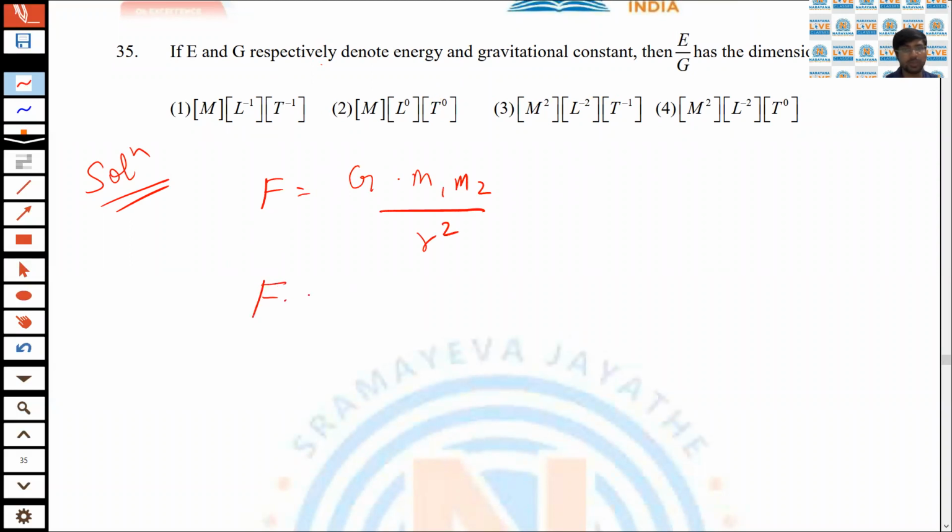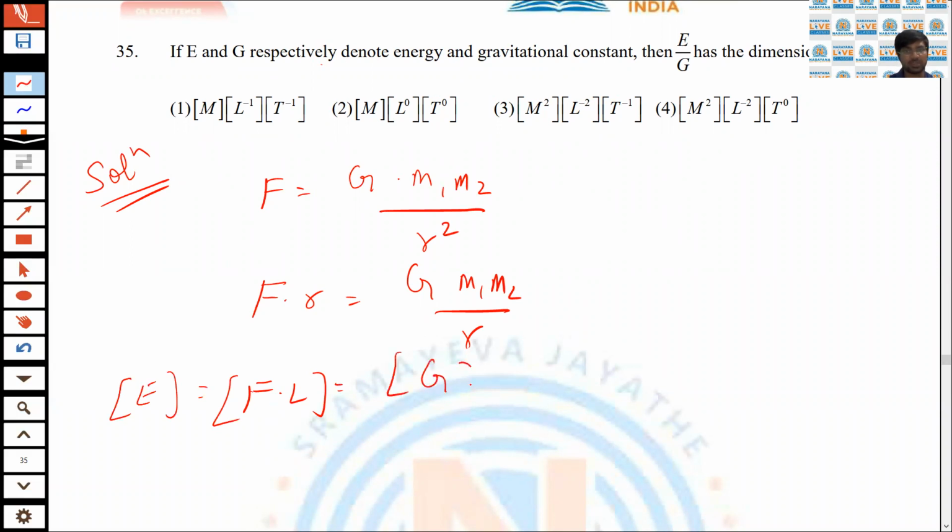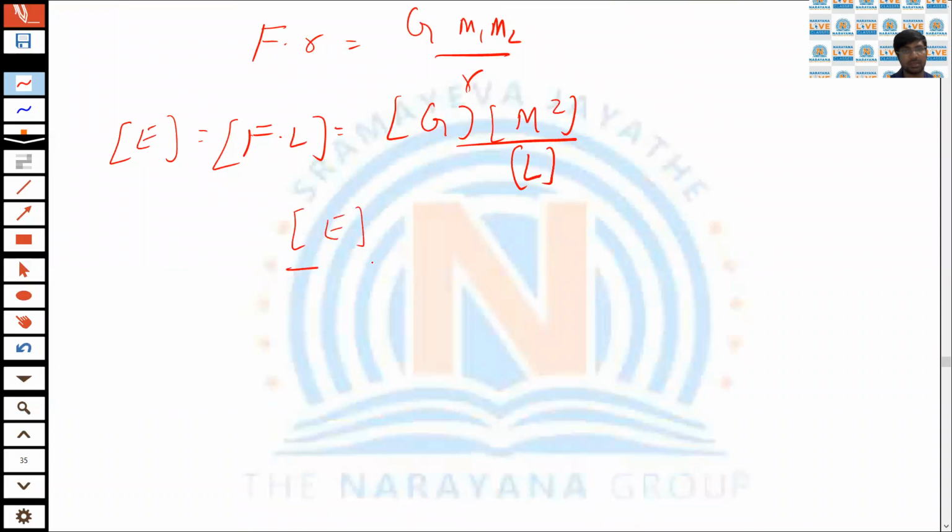Now, what we do is bring F and R together, and F and R makes force times length, which is the dimension for the energy, and this becomes dimension of G, dimension of m square, and dimension of L. So the dimension of E to the dimension of G is m square L minus 1.